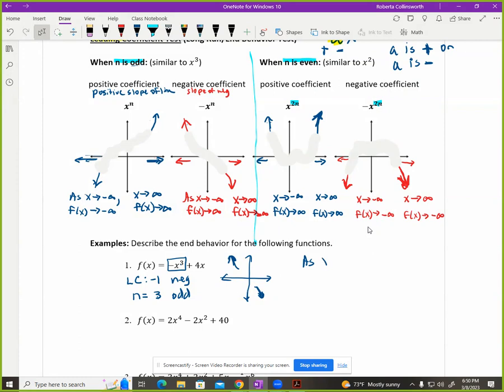So I know as x approaches negative infinity, this direction, then f of x is going to positive infinity. And as x approaches positive infinity, so that means moving this way, f of x is going to negative infinity. So I just wrote down this stuff right here.